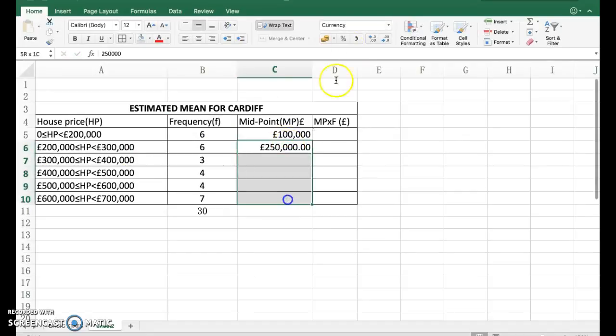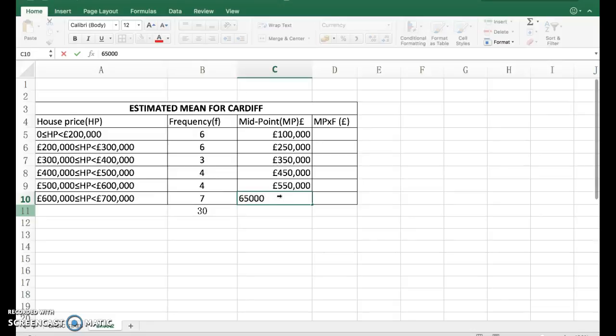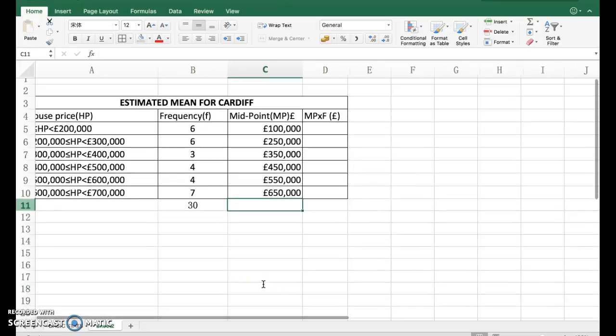And the midpoint between 300 and 400,000 is 350,000. Midpoint between 400 and 500 is 450. The midpoint between 500 and 600,000 is 550. And the midpoint between these last two, 600 and 700, is 650,000.